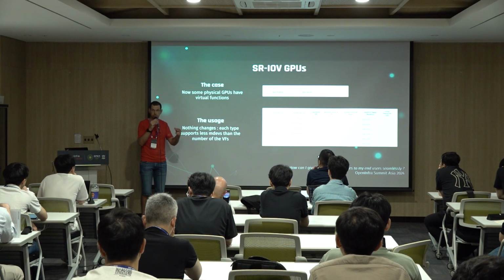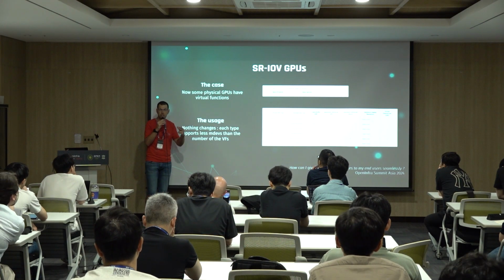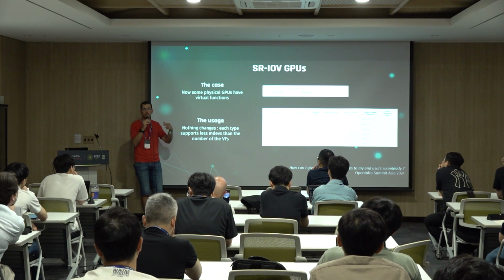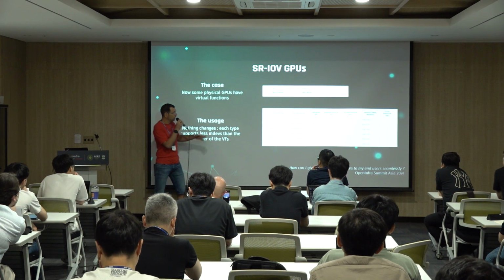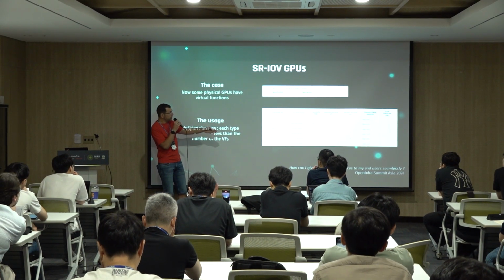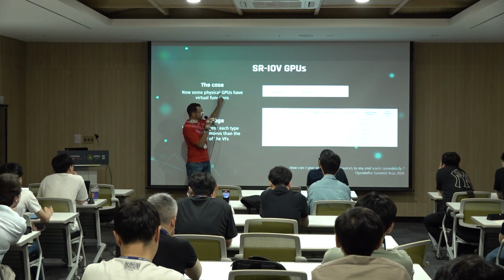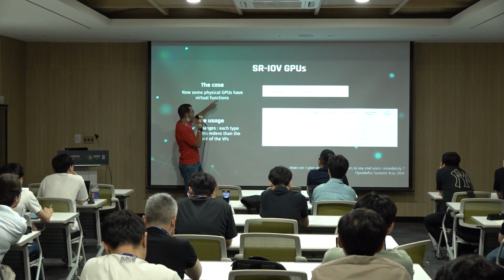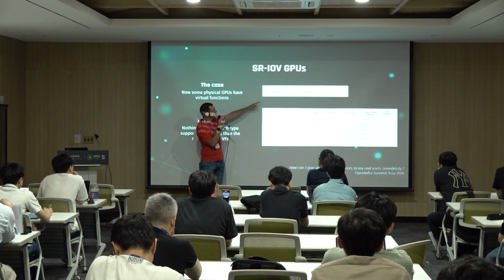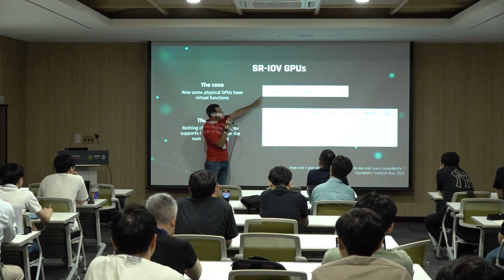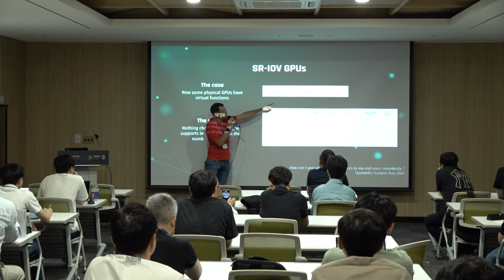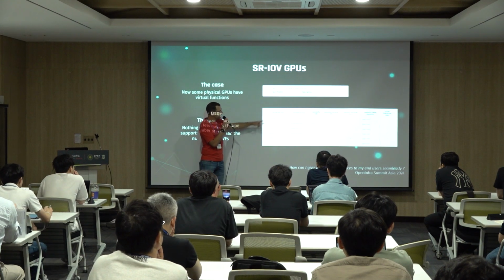And each virtual function is exposing a number of virtual GPUs it can create. If you read the docs from NVIDIA, for example, you can see that for a specific card, it can create up to 16 virtual functions.